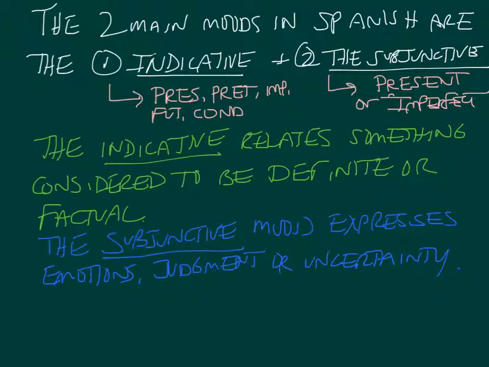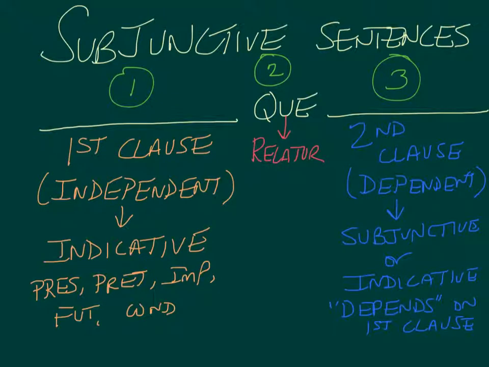And what we're going to be focusing on in this video is when does the subjunctive come up and how do we know that we're supposed to use it? In sentences that have the subjunctive in it, they will all have the following structure to it. They will have a first clause, so the first part of the sentence, the word "que," and then the second part of the sentence.